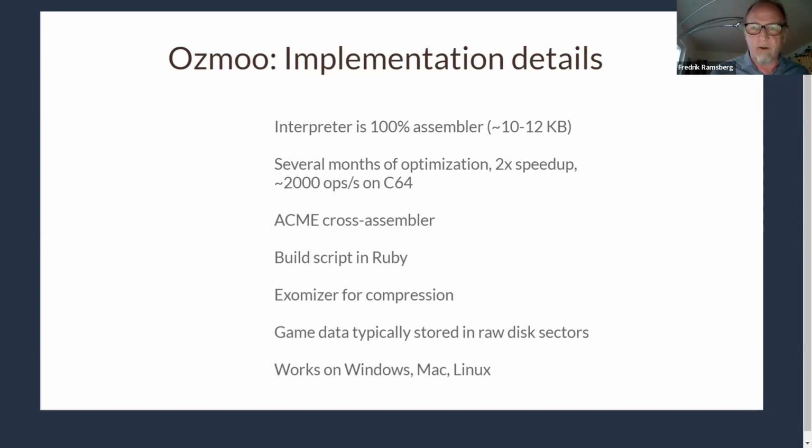So we store the interpreter together with as much data as possible from the story file, well, the game file, into one file. So when you load it up, the virtual memory is filled with data when you start. So you don't have to wait as much. Because typically a lot of people have a fast loader that kicks in when loading a file, but then you don't have a fast loader when reading raw disk sectors, because that's how we need to store it on most of the platforms.